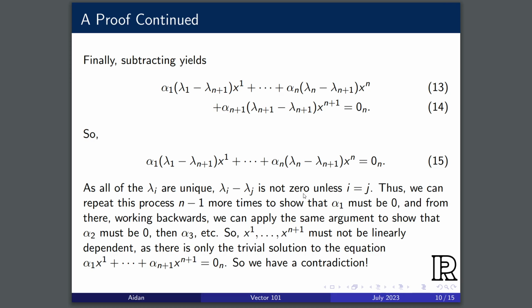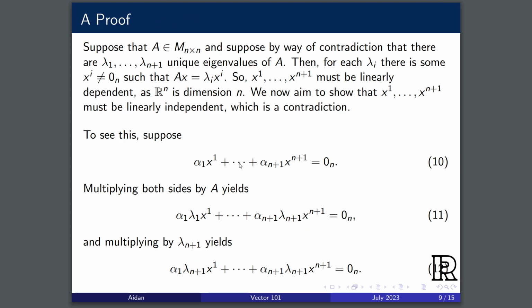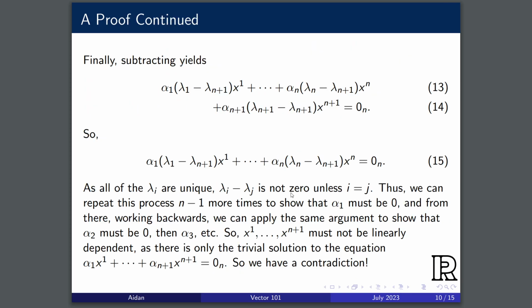You go on and on until you've shown that all the alpha n's must all be 0. But that means that the only possible sum that looks like this, where they sum up to 0, is if alpha 1 through alpha n plus 1 are all 0 themselves, which means that these vectors must be linearly independent.